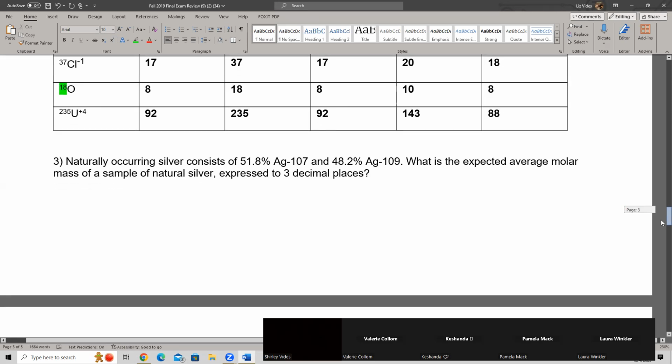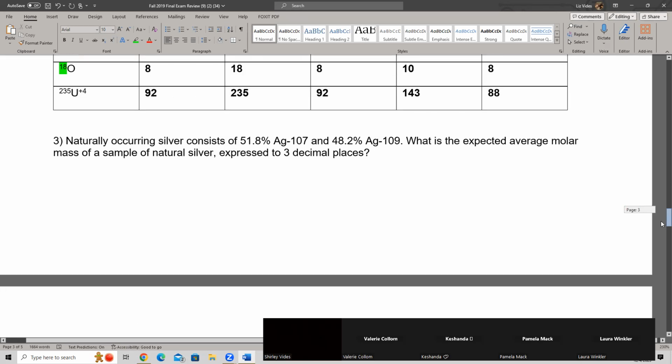Now, this one is one of those problems where you take the percentage and convert it to non-percent, remember? So 107 times 0.518, divided by 100, in other words.